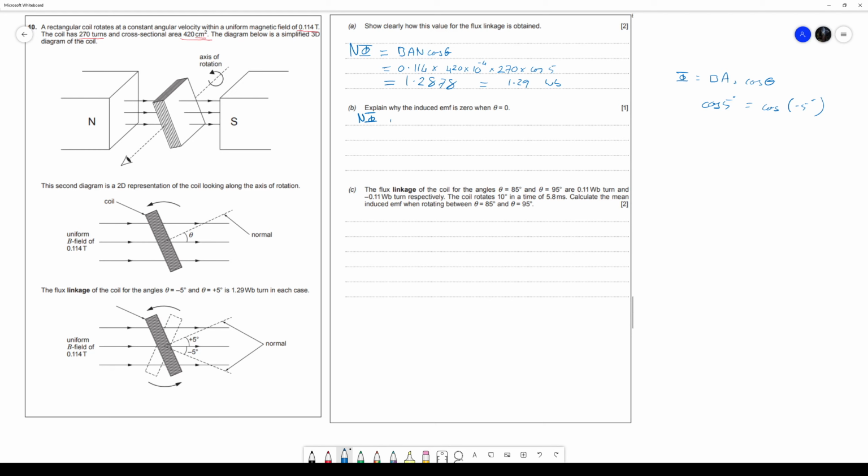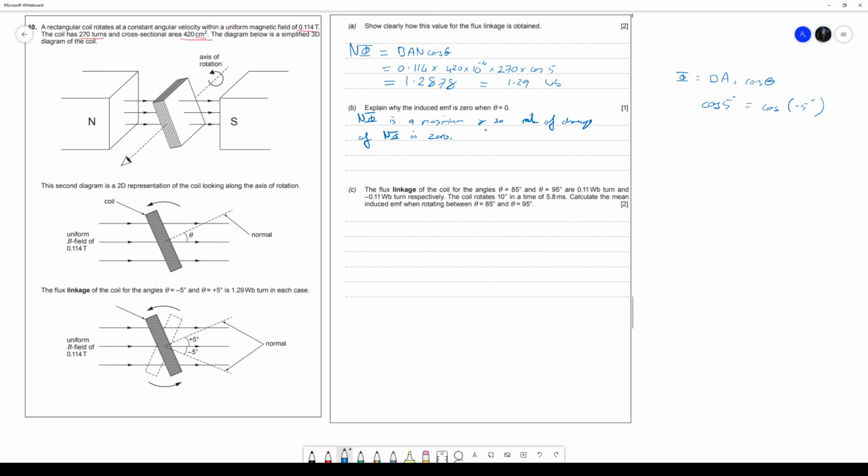So therefore the flux linkage is a maximum, and so the rate of change of flux linkage is momentarily 0. So induced EMF is proportional to rate of change of flux linkage.